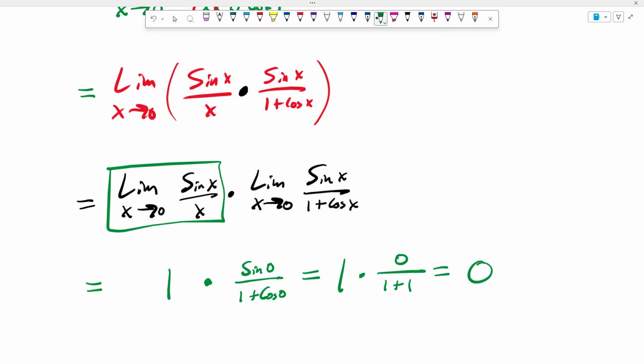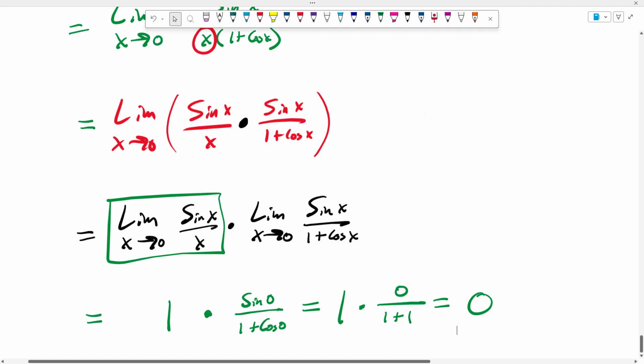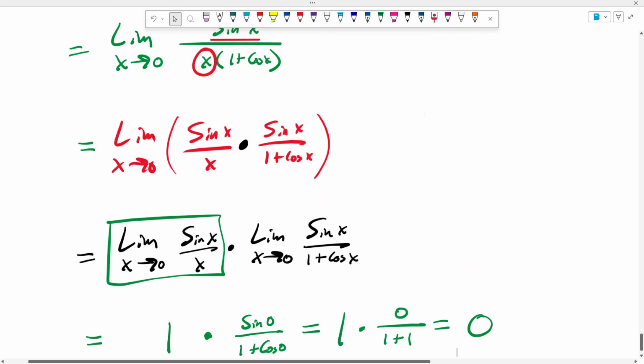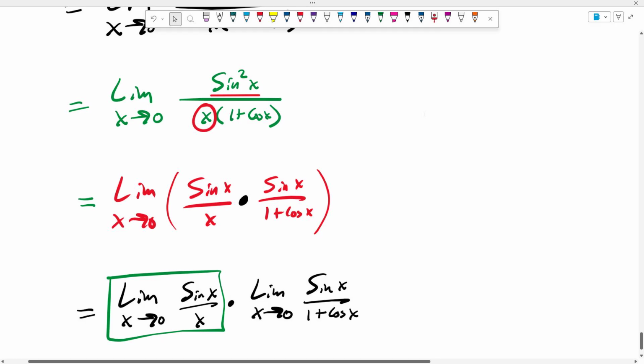Okay, and what we typically do, or what I typically do, instead of writing the limit of the quotient of limit times the limit, this is technically what's happening.